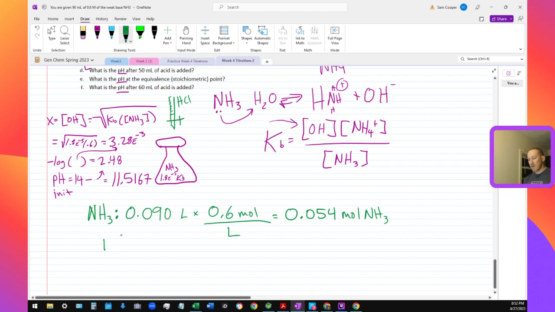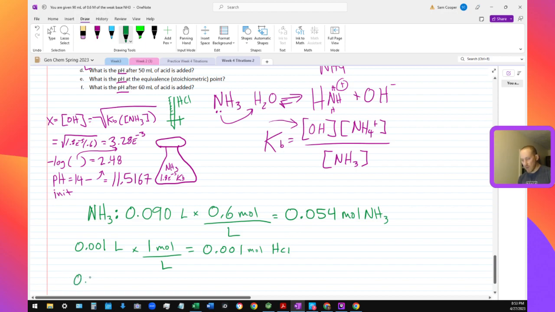So how many milliliters does it take? This is the convenient thing about something being 1 molar: for every 1 milliliter of something that's 1 molar, you get that same number of millimoles. So we basically need 54 milliliters of 1 molar HCl in order to consume exactly 0.054 moles of NH3.